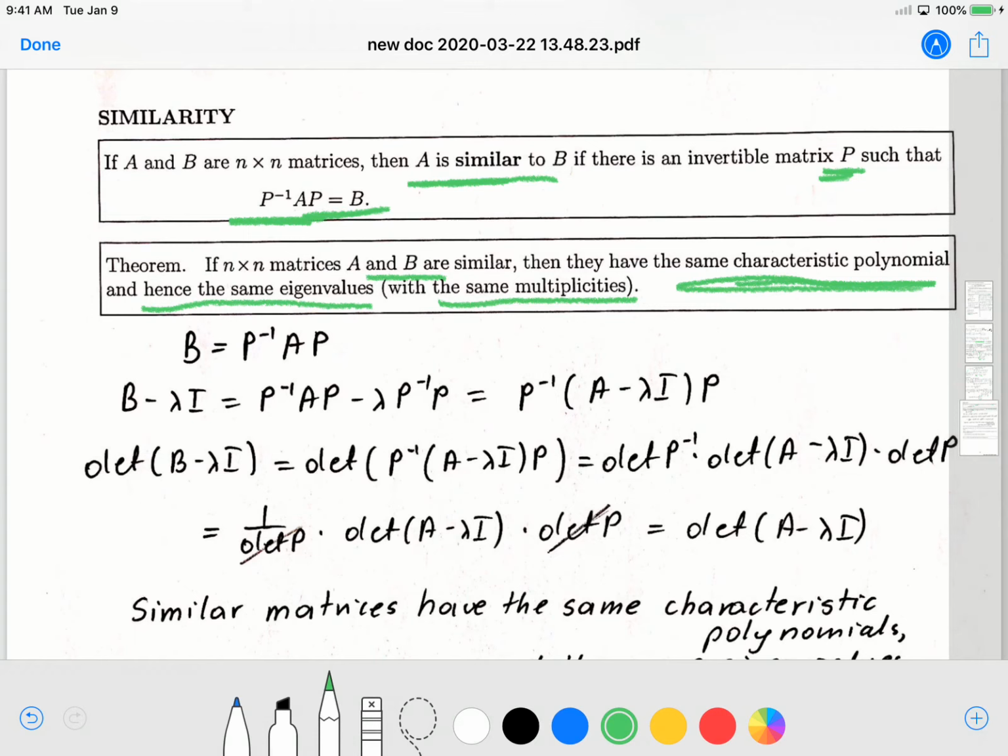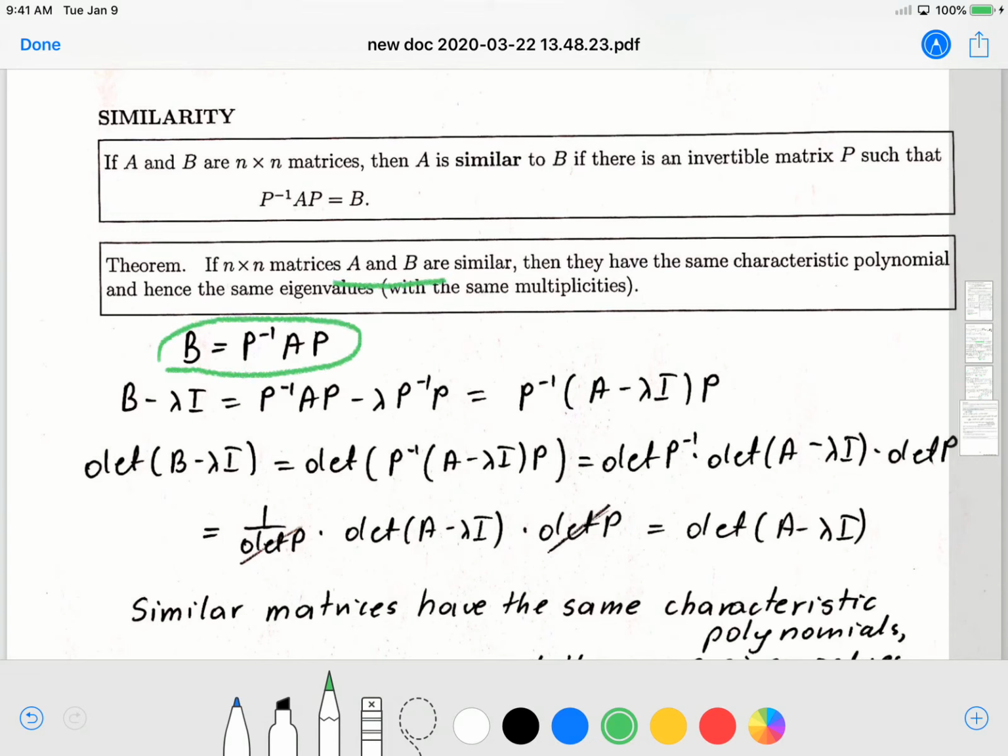So here is the justification of the theorem. If A and B are similar, that means there is an invertible matrix P such that B is equal to this matrix.